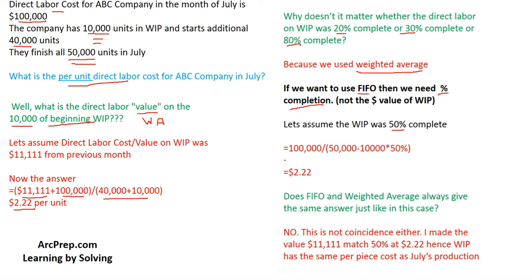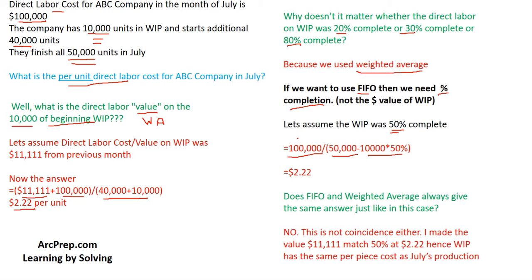Now under Fifo method, what I'm doing is I'm dividing the current cost. I'm not adding the work in process inventory. Under Fifo, I'm just dividing the current cost by the total number of units that I'm finishing minus what I've already finished and had at the beginning of the month. So we said 50% complete for 5,000 units.